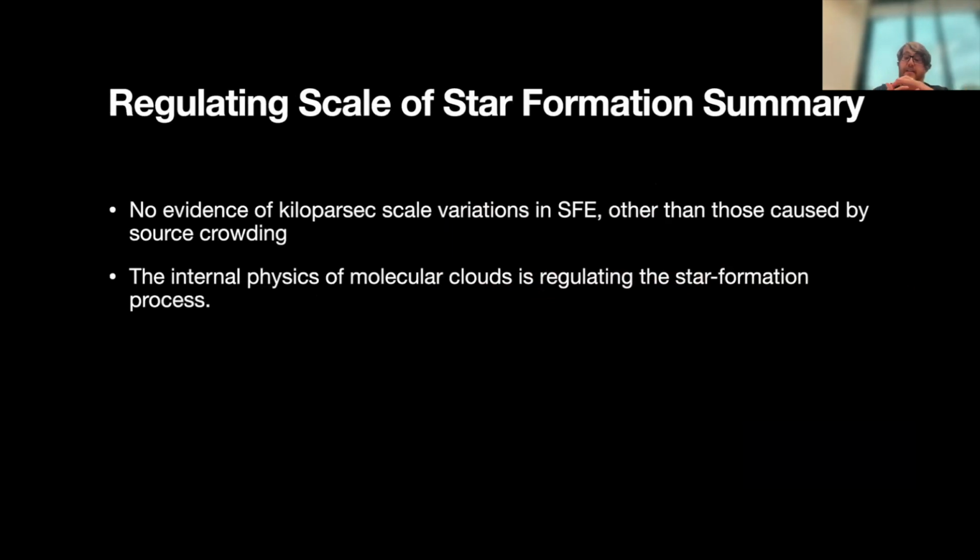So as I've said a couple of times, the molecular clouds don't really care once they're formed, they don't really care where they are, they just go and form stars. But if we're seeing variations from cloud to cloud, something must happen to the molecular cloud at some point that changes its dynamics, changes its structure, that causes the star formation to differ from cloud to cloud.